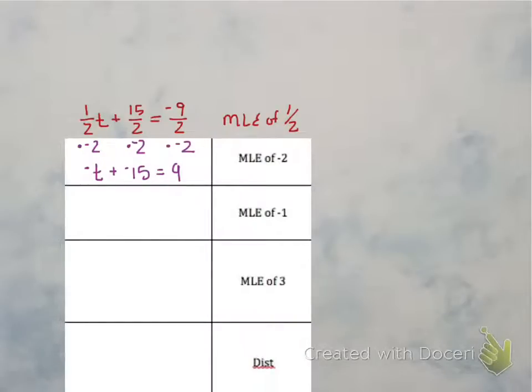Then continuing, I'm going to apply an MLE of -1. Again, that means I want to multiply each term on each side by -1. So that's going to give me t plus 15 is equal to -9.